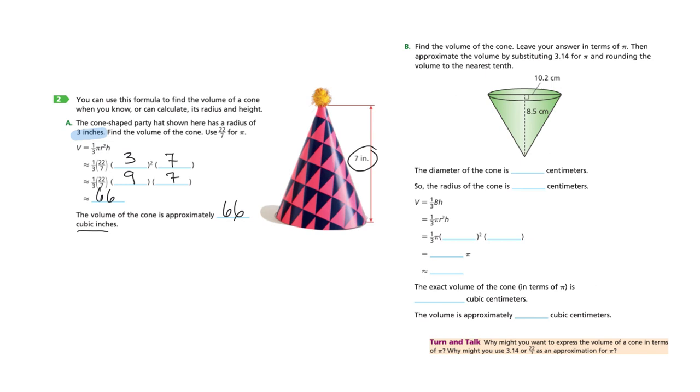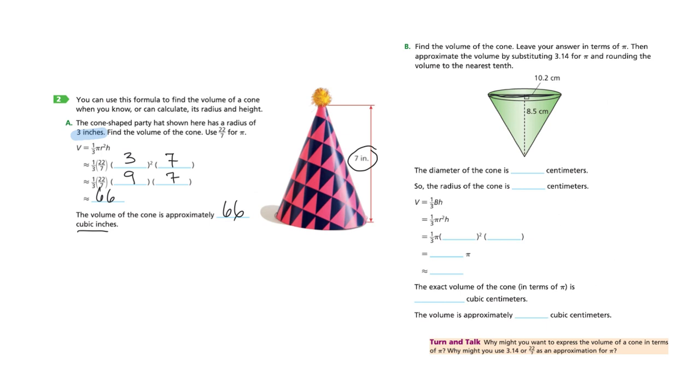Find the volume of the cone, leave your answer in terms of pi, then approximate the volume by substituting 3.14 for pi and rounding the volume to the nearest tenth. So I'm not going to go through this whole thing with you. I'll just get you started with these first 2 fill in the blanks, and then you can finish on your own because it's very similar to the first problem. So they show you here, this cone, they show you the diameter, not the radius.